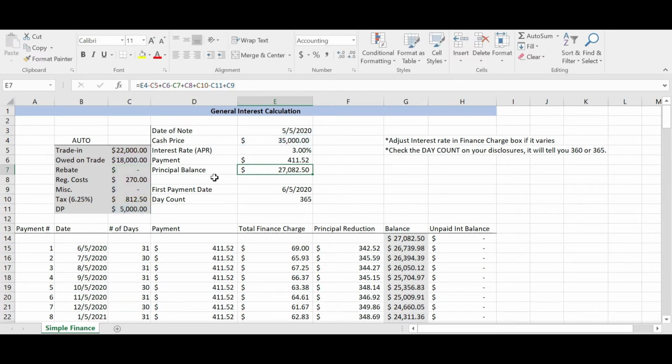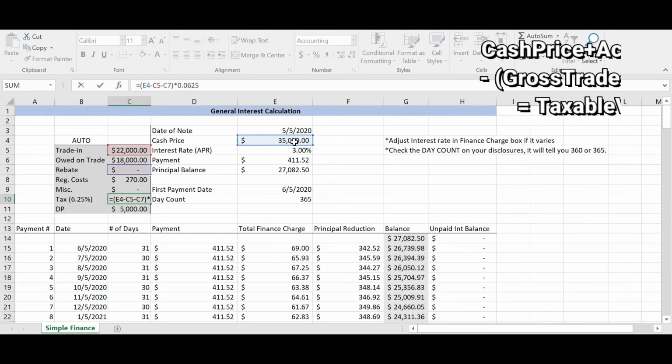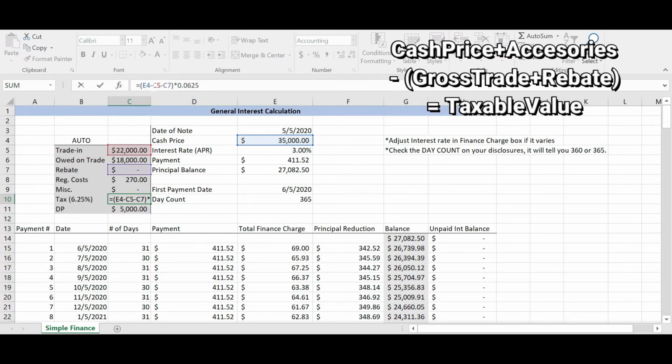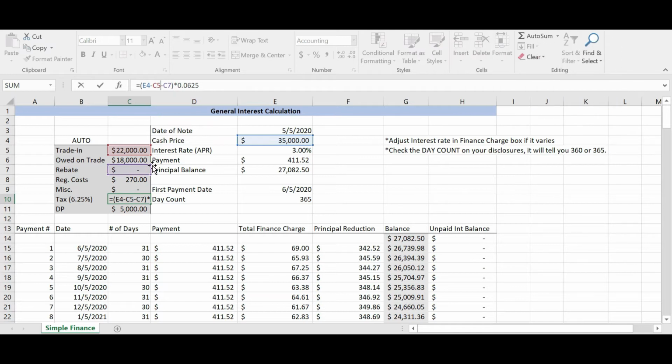Now what I want to point out here is the tax box here to calculate your sales tax. So this number is actually going to be your cash price minus your trade-in value, your gross trade-in, minus any rebates.